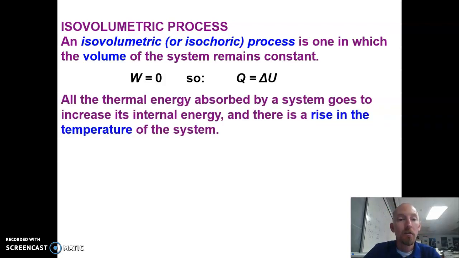For isovolumetric, all of the energy absorbed by a system will go into increasing the internal energy of that system.